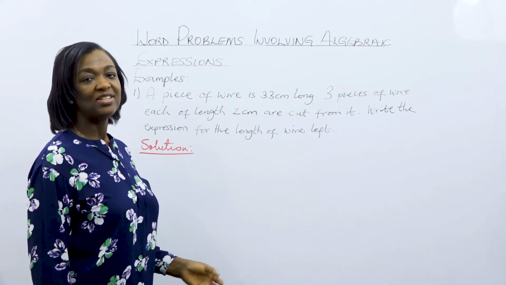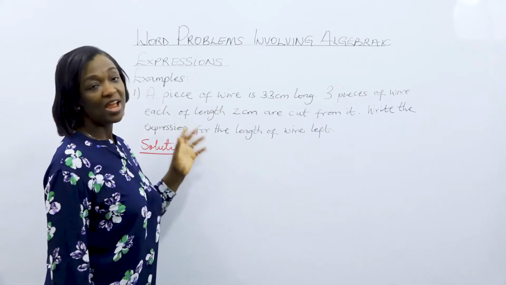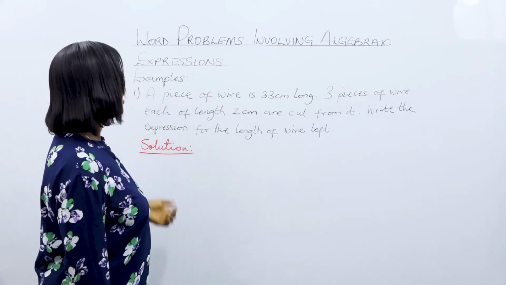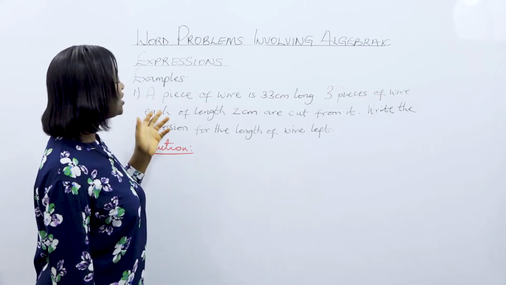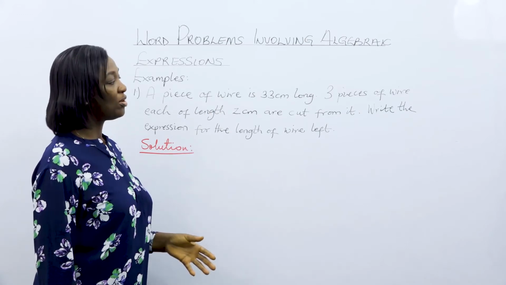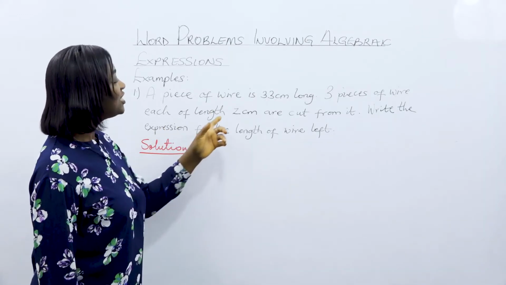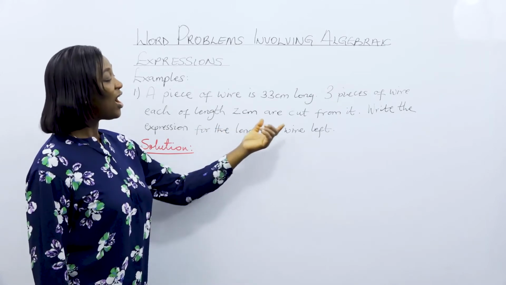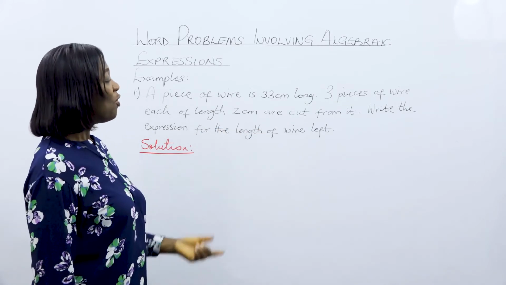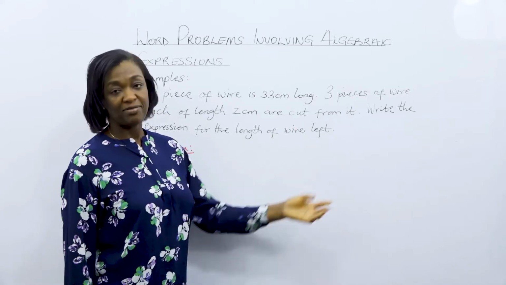In this segment, let's look at word problems involving algebraic expressions. The first example we have is a piece of wire is 33 centimeters long. 3 pieces of wire, each of length z centimeters, are cut from it. Write the expression for the length of wire left.